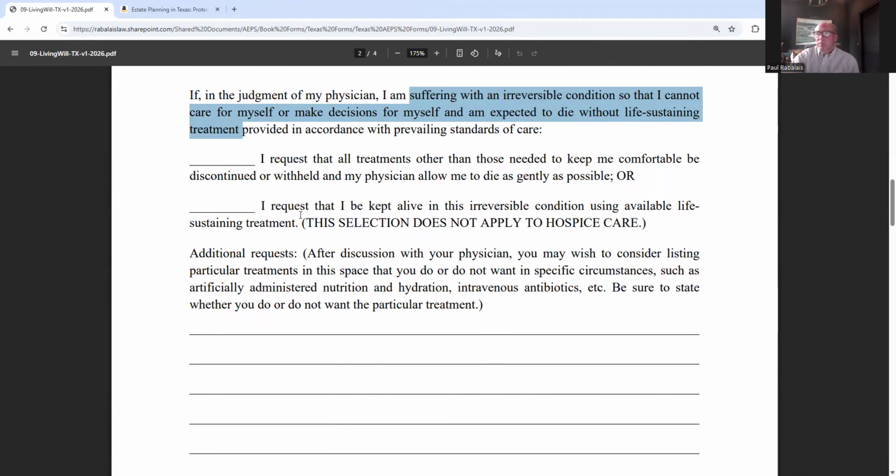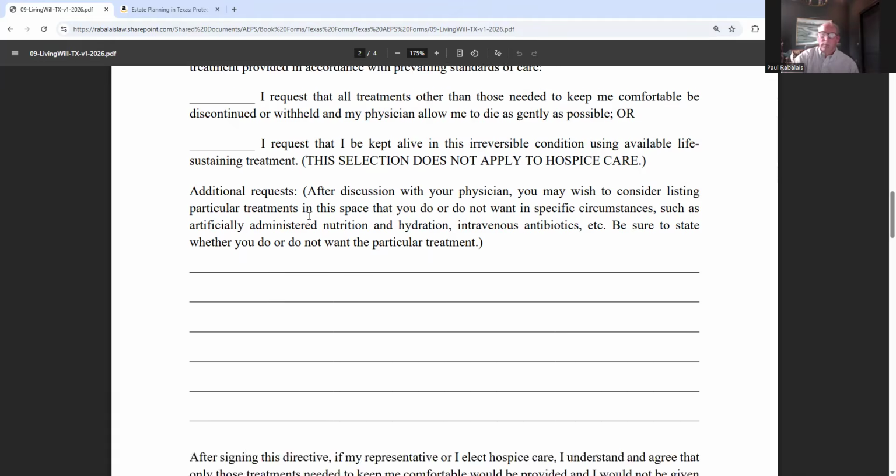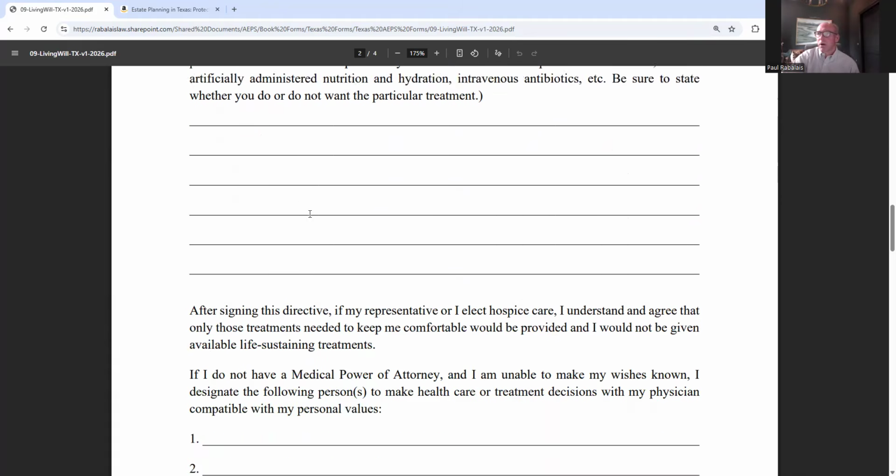Again, I think what most people choose to do, because they just don't want those expenses, they don't want that emotional burden on the family, if they are suffering and there is an irreversible condition and they can't care for themselves and they're expected to die without the life-sustaining treatment, then most people initial this top one here. But again, it's a personal decision on your part.